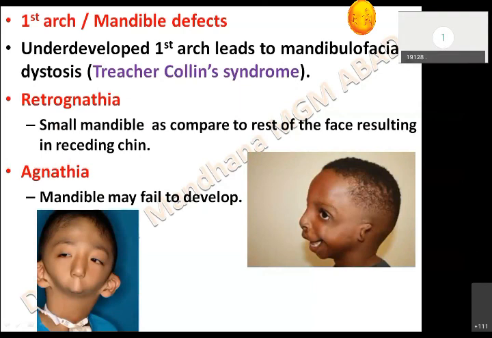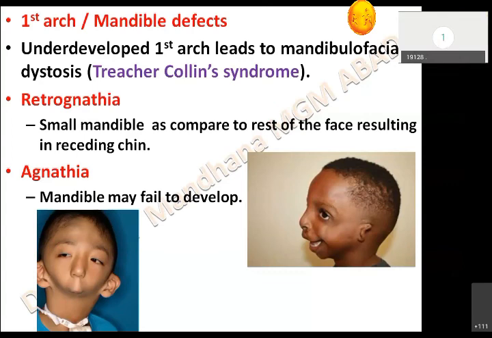And one condition where the first arch is affected is Treacher-Collins syndrome. We have seen this in the first arch syndromes. Retrognathia is when the mandible is small compared to the rest of the bones. Agnathia is where the mandible does not appear at all. It fails to develop. So this is agnathia. Okay, thank you, ma'am.